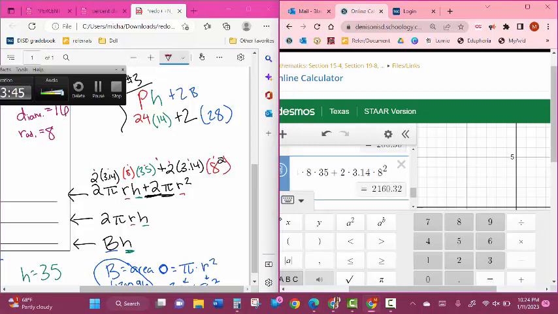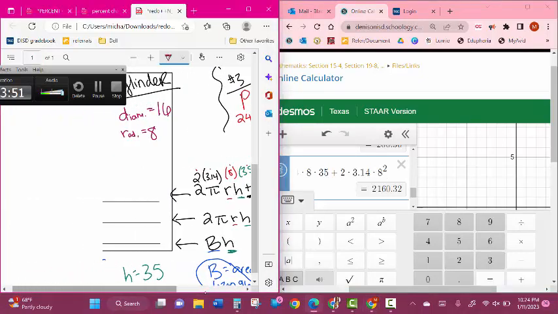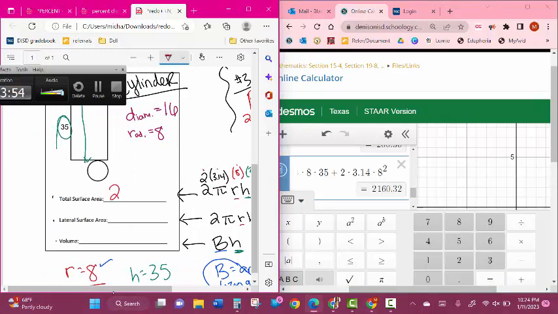Okay, and that product is 2,160 and 32 hundredths. So the total surface area is 2,160.32.